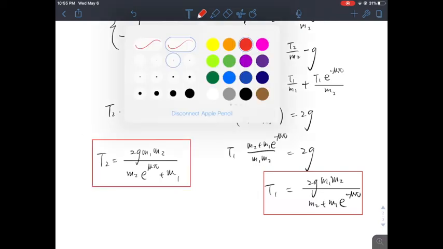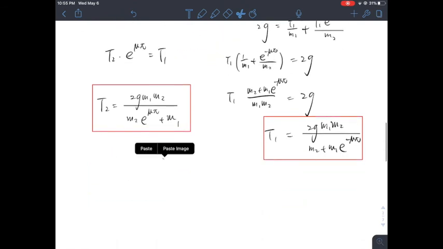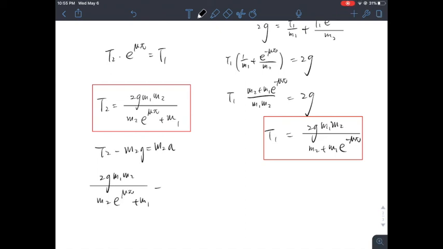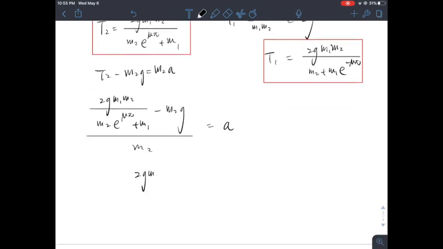Then what is the acceleration of the blocks? Let's just grab one of the system equations and plug in T2 to solve it. T2 is equal to this; plug in, minus m2g, divided by m2 will be equal to a. Then simplifying the equation, we have 2 times g m1 divided by m2 e to the mu pi plus m1, minus g, equal to a.